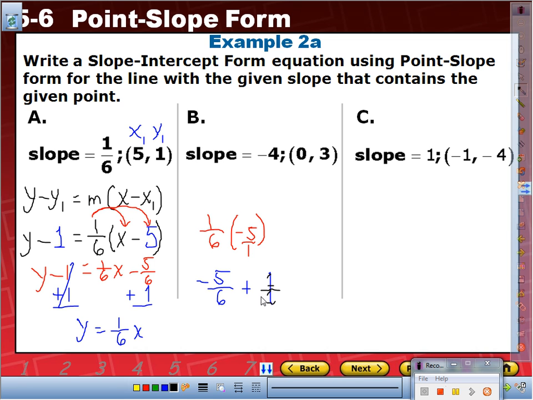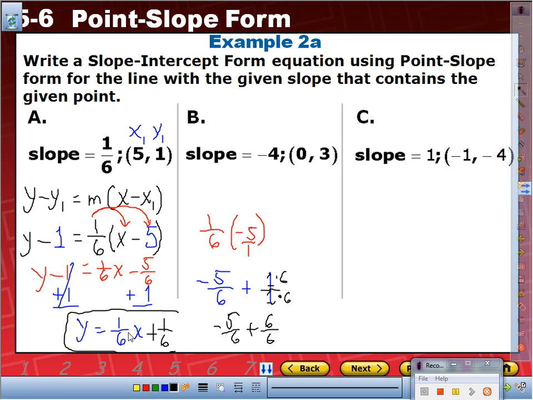All right. So, what is my common denominator? 6, so times 6 times 6. So this becomes what? 6 over 6. So this becomes negative 5 6s plus 6 over 6. What do I have left? Plus 1 over 6.